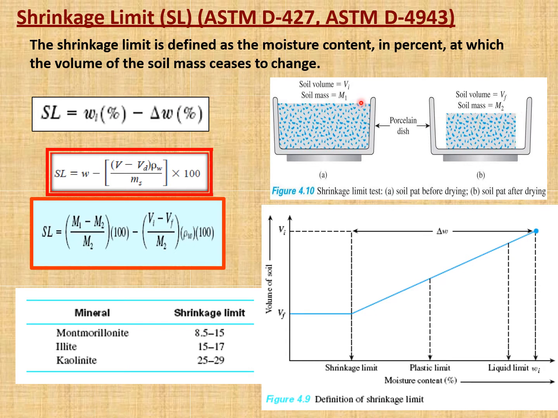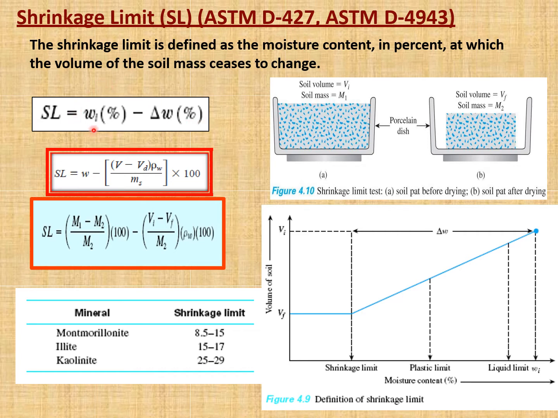So this is V sub I, or you can say V1, the original volume of the wet soil present in this porcelain dish, and V sub S is the final volume when it has become fully dry. So the shrinkage limit is W sub I in percentage minus delta W in percentage.